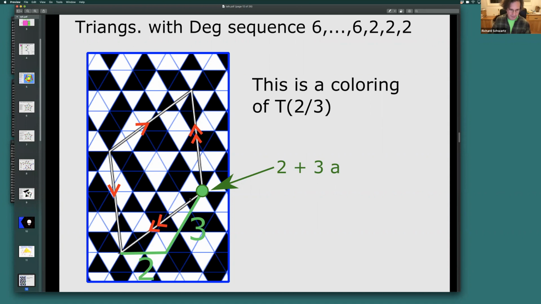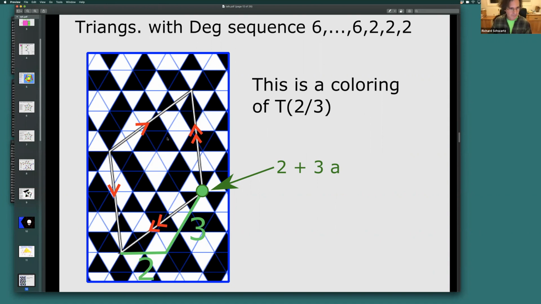Even though they don't fit neatly inside the rhombus, they wrap around correctly. So if you just cut the rhombus out of the computer screen and glued it together, you'd get a triangulation of the sphere with a black and white coloring, with this mod 3 condition.